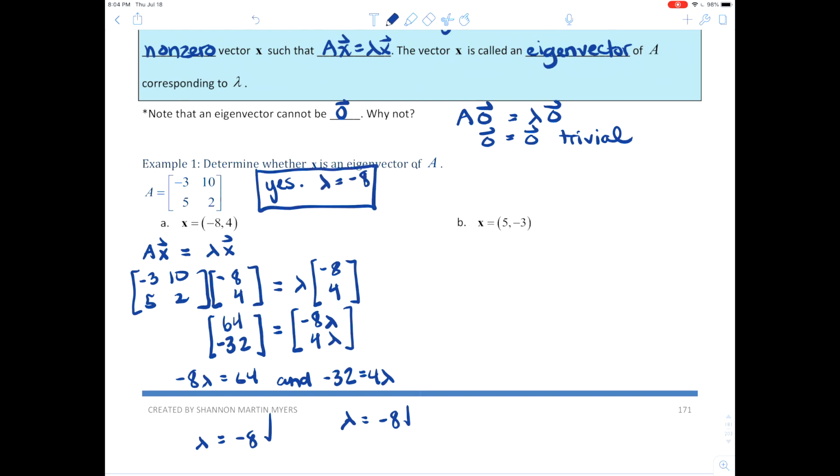All right, what about this next one, part B? A will still be the same. So let's check it out. Setting up the product on the left, we'll have the matrix A that I'm writing. And then we want to find out if there's a lambda that will work.